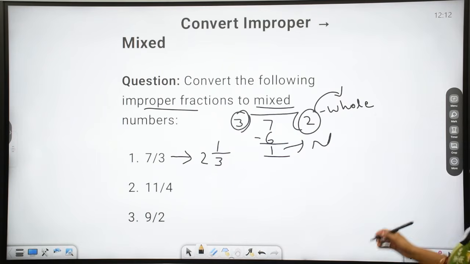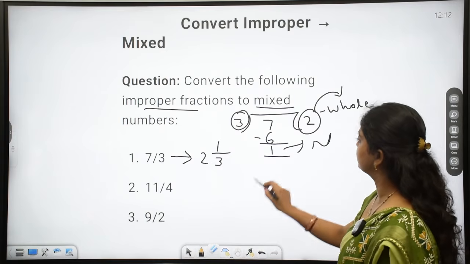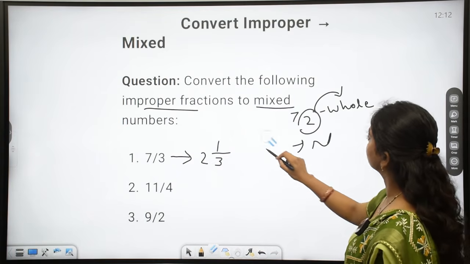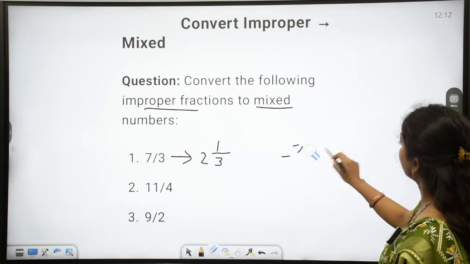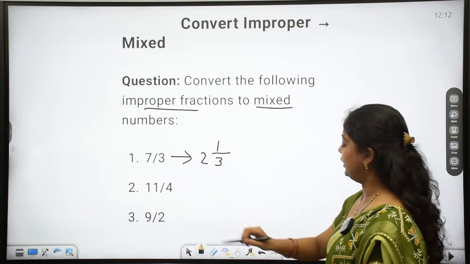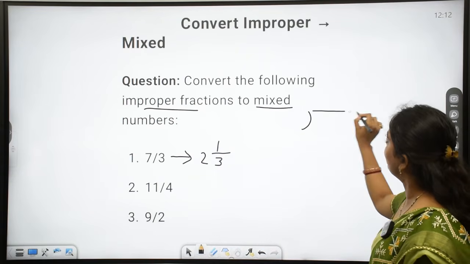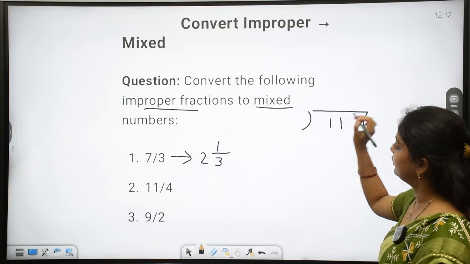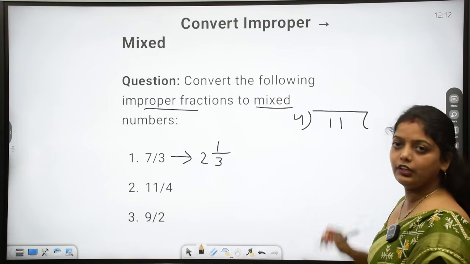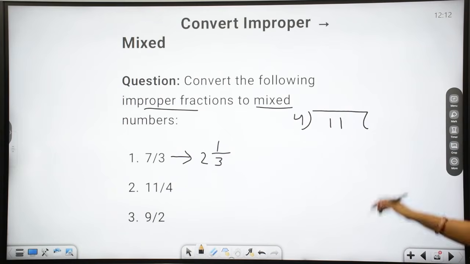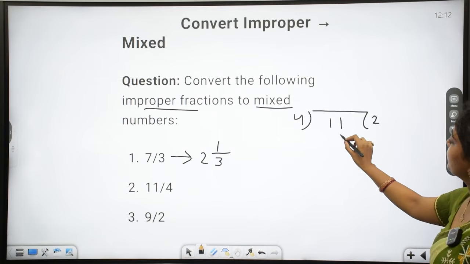Now let's do the second part. Here 11 by 4. So we take 11 as a dividend and 4 as a divisor. Let's divide it. 4 2s are 8.